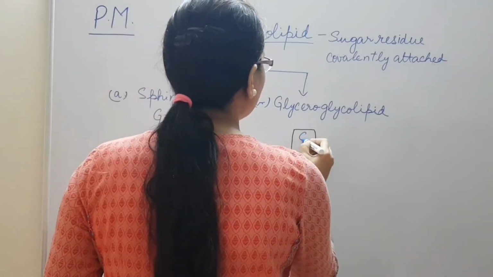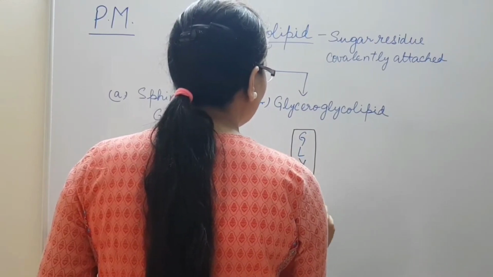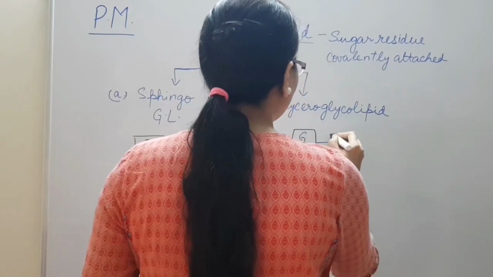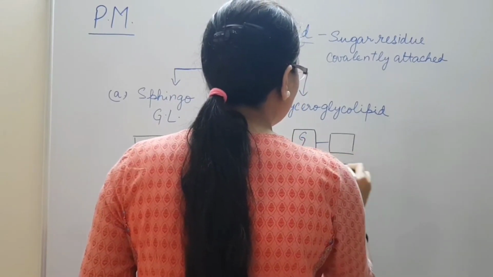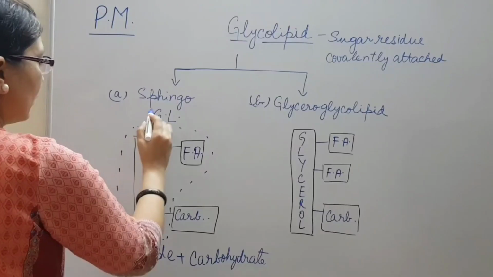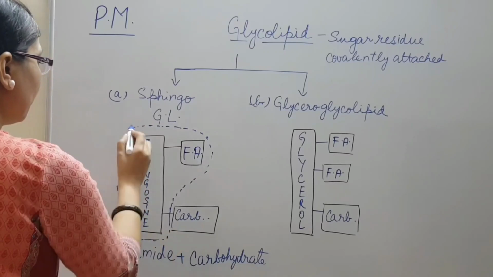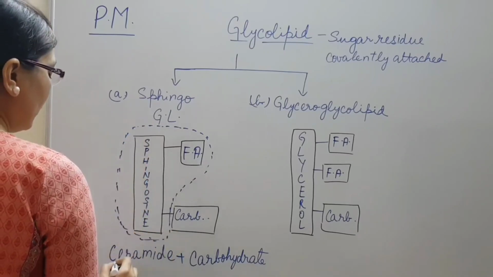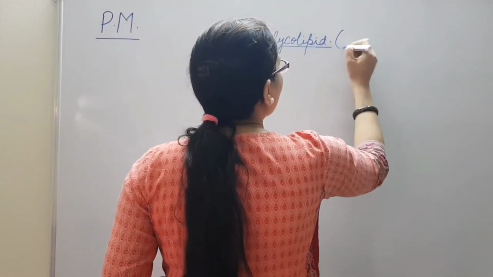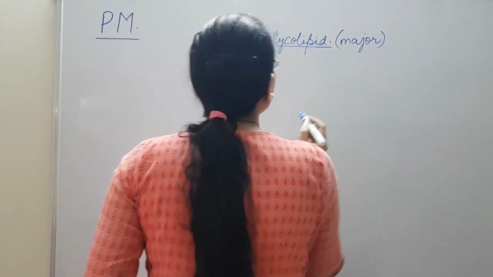In glyceroglycolipid, glycerol is attached to fatty acid chain and carbohydrate. In the sphingoglycolipid, to the ceramide, that is the precursor, carbohydrate is attached. Sphingoglycolipid is the major glycolipid present in plasma membrane.